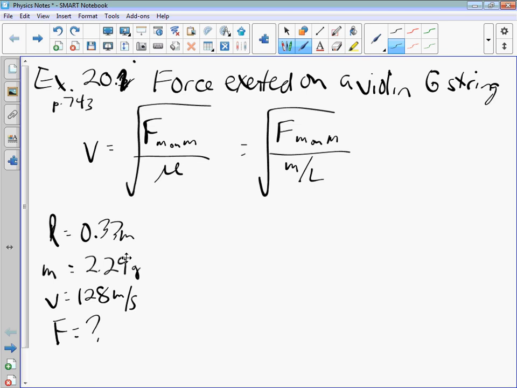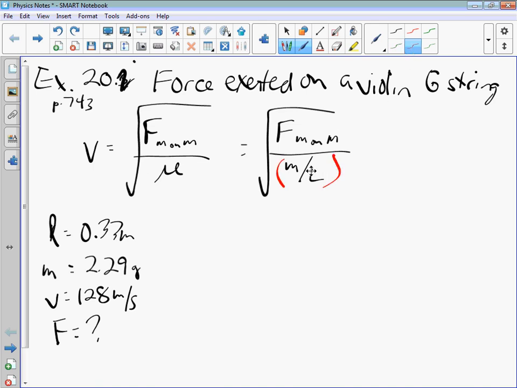But in this case, mu is going to be representing something called linear density. Before we talked about mu as far as friction. Now it's linear density. What is mu equal to? It's equal to mass over length.